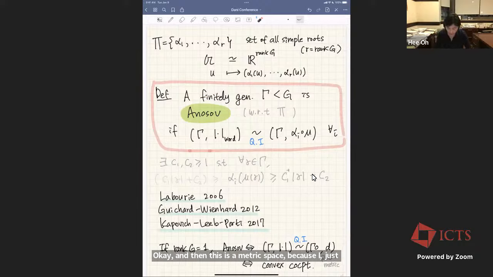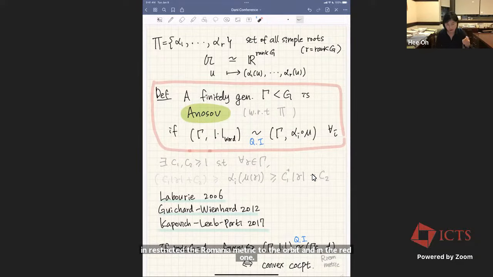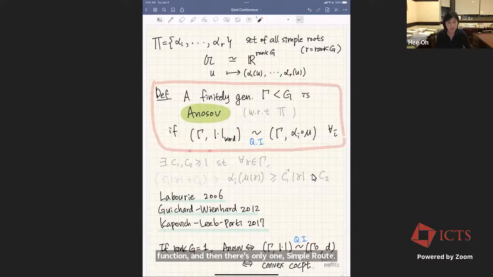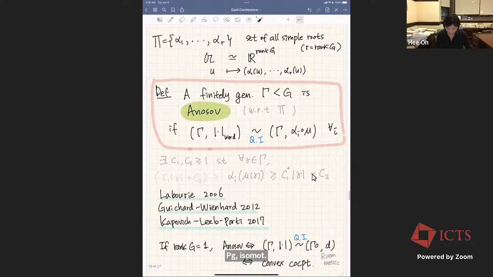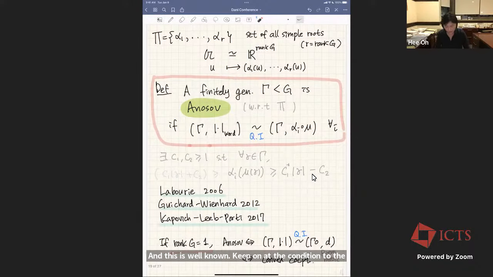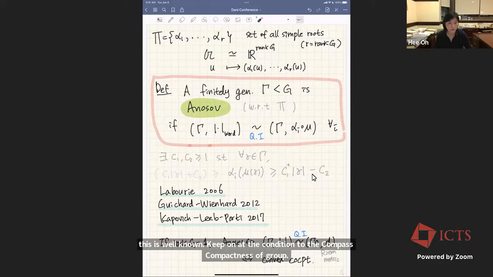In the rank 1 case, the Cartan projection is simply the distance function, and there is only one simple root. So this Anosov condition precisely means that gamma is quasi-isometric to the word metric, which is a well-known equivalent condition to convex cocompactness of the group. In other words, in the rank 1 case, Anosov groups are precisely convex cocompact groups.